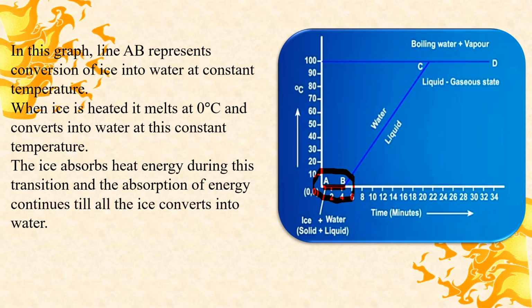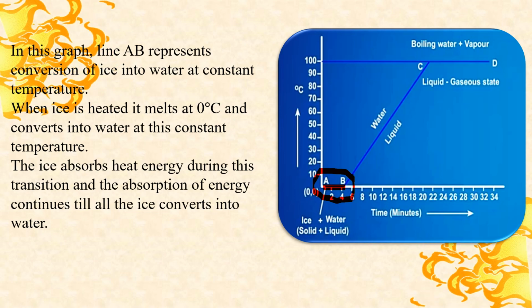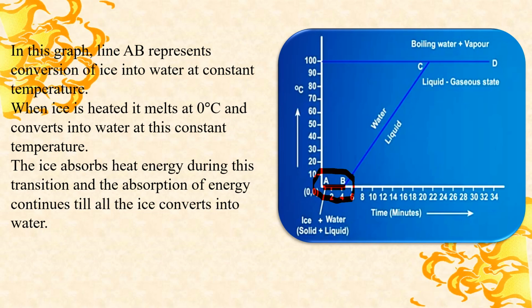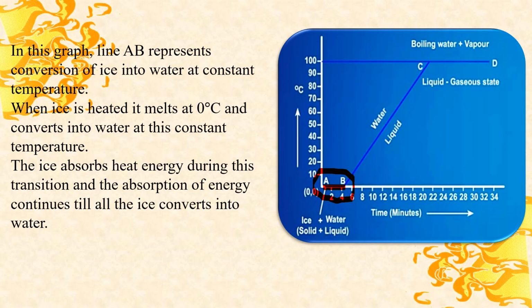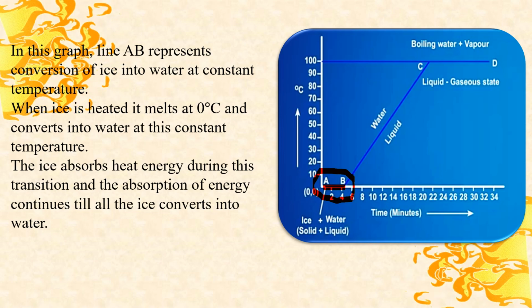Okay, so here, because of that heat the ice is melting, and heat energy is being absorbed there. The ice absorbs the heat energy during this transition, and the absorption of energy continues till all the ice converts into water. Okay, then from here the temperature rises, as the solid is transforming into liquid.